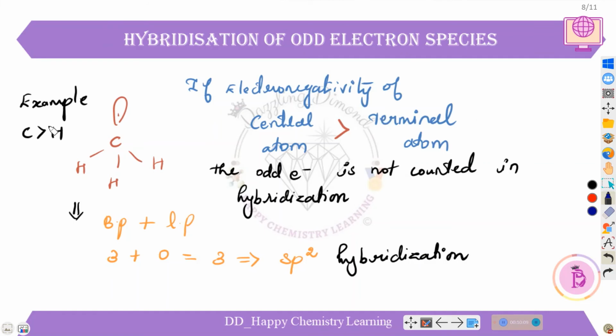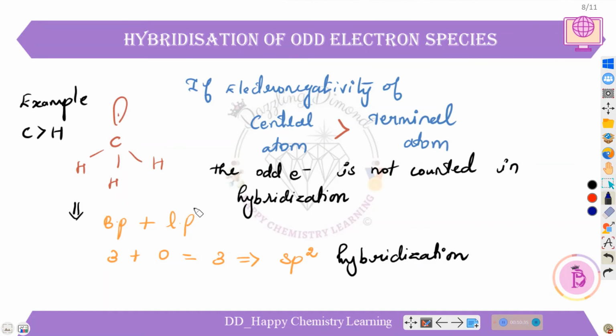Okay, so first one, if the electronegativity of the central atom is greater than the terminal atom, the odd electron is not counted to find the hybridization. Take this example. As you can see here, carbon has higher electronegativity than hydrogen, right? So while counting the bond pair and lone pair, we will take only the bond pair.